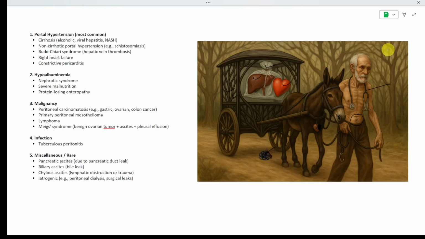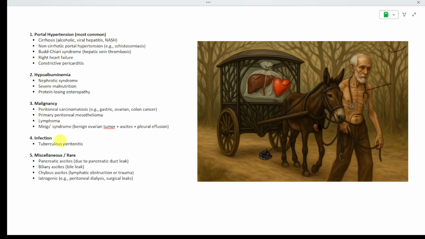Then we talked about various miscellaneous causes. There are lots of ducts within the abdomen, and damage to any of those ducts can lead to leakage into the abdomen, and that can lead to ascites as well. For example, you could have pancreatic, biliary, chylous, or iatrogenic ascites.